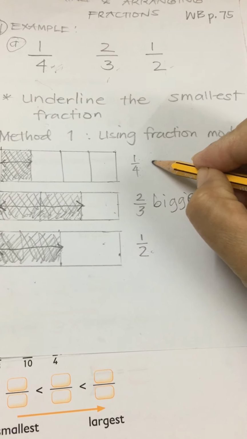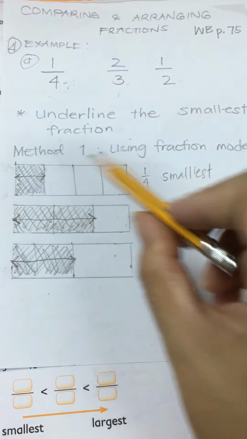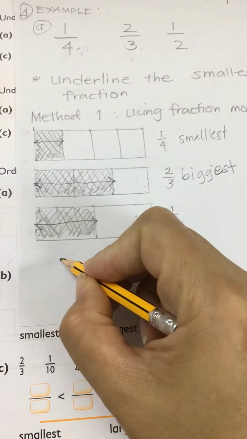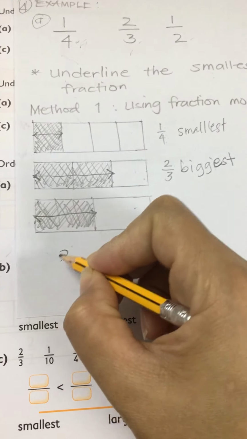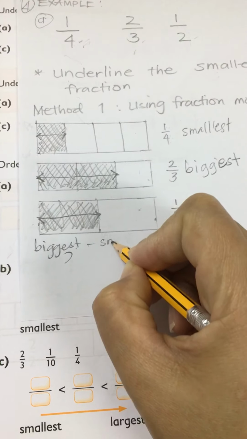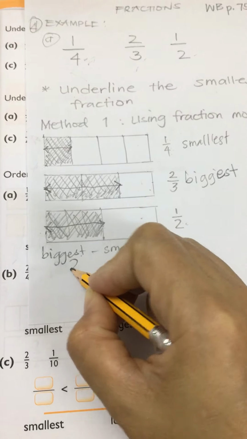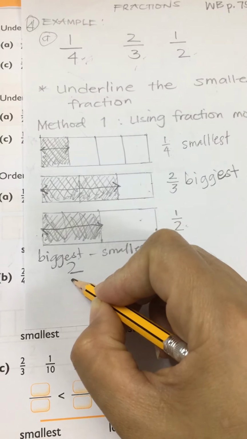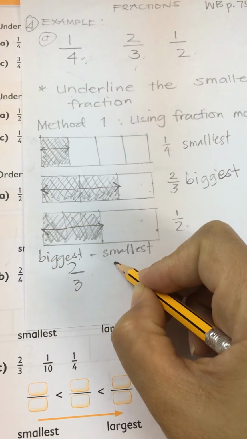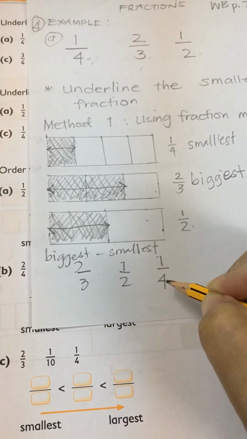So this is the smallest. If you're going to arrange or order it from biggest to smallest, we're going to start with the 2/3, followed by 1/2, and then the smallest will be 1/4, the last one.